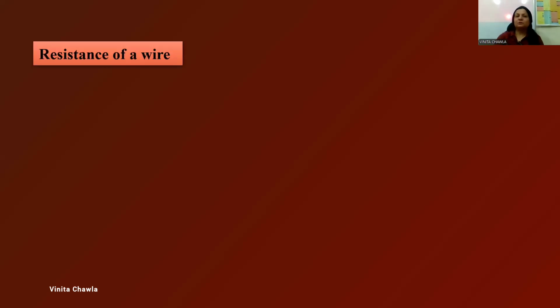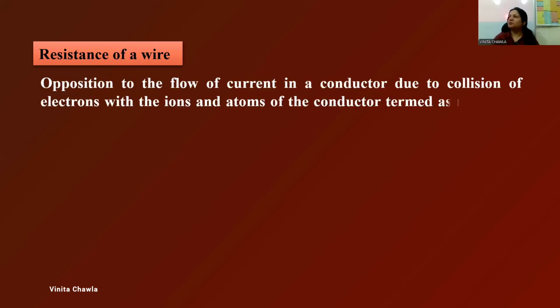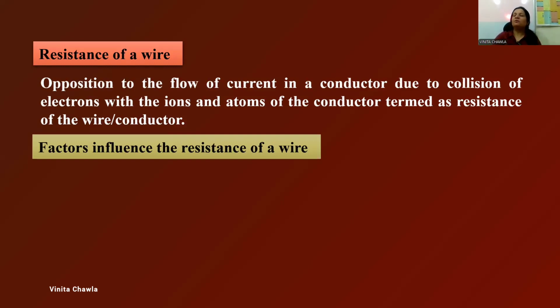Resistance of a wire. What is resistance? We know what it is. What is the cause of resistance? Collision. It arises because of the collision of electrons with the ions or atoms of the conductor. And what are the factors which influence the resistance of a wire? On what factors does the resistance of a wire depend? It depends upon the length.